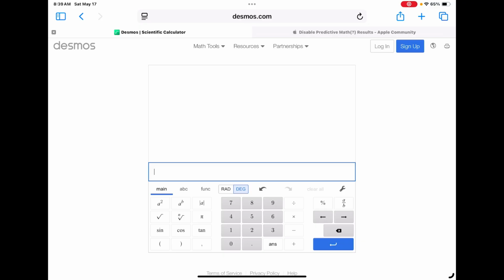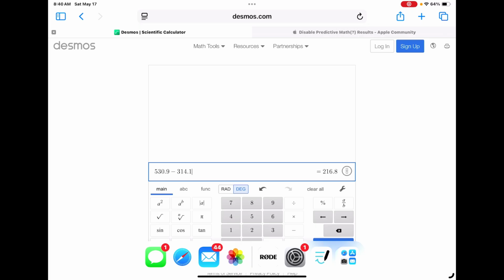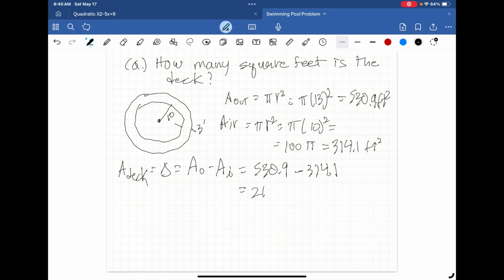So we have 530.9 minus 314.1. And that's going to give us 216.8 square feet. So that is going to be the area of decking that we're going to need to purchase to build the deck around it.